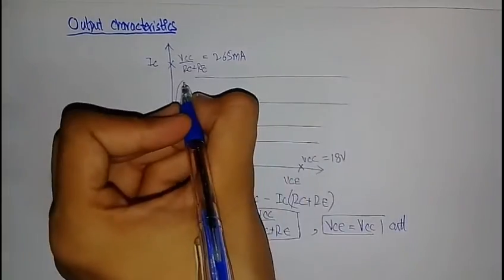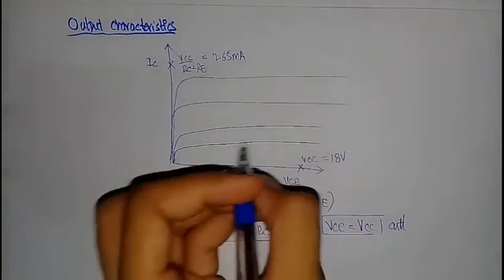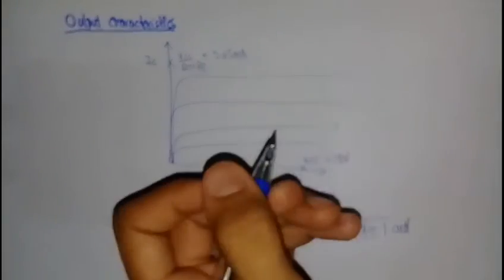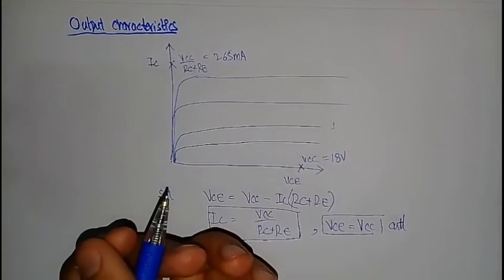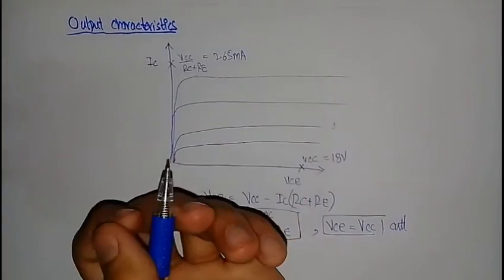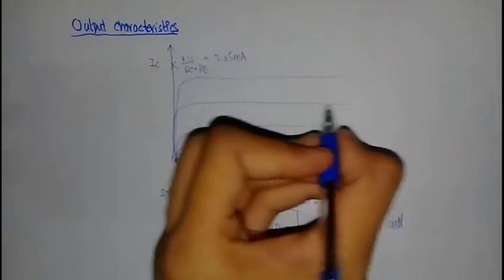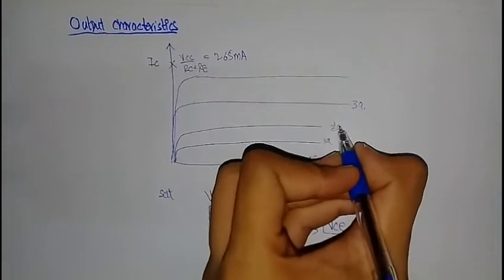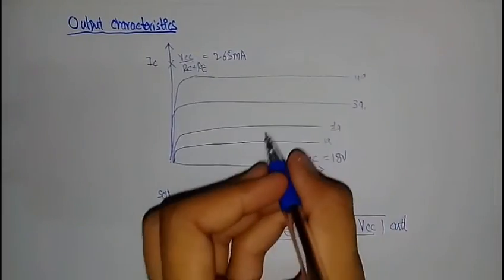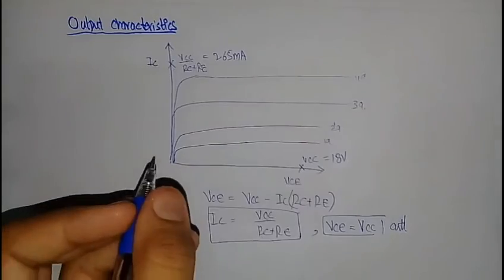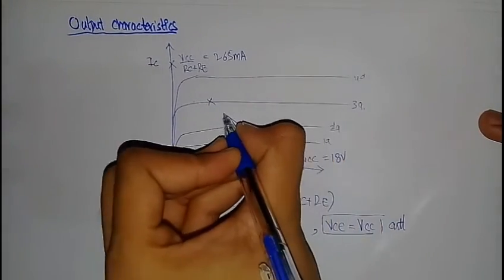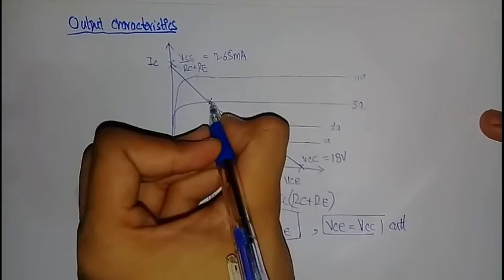So make the output characteristics. These are the output characteristic lines. These are drawn due to the base current. As you know, we take the base current from the formula, which is 39.6 microamps. So we will take these as 19, 29, 39, 49. As it moves from the x-axis, it goes to 0. So we will take these points and make a load line. This will cut these points.